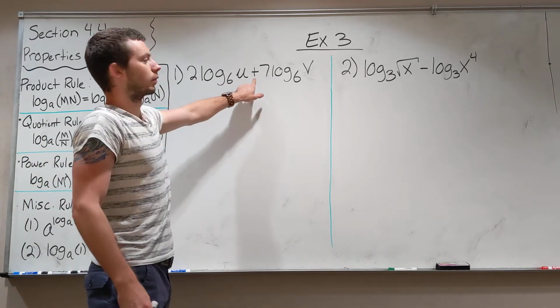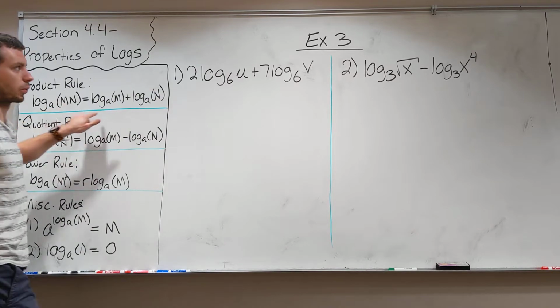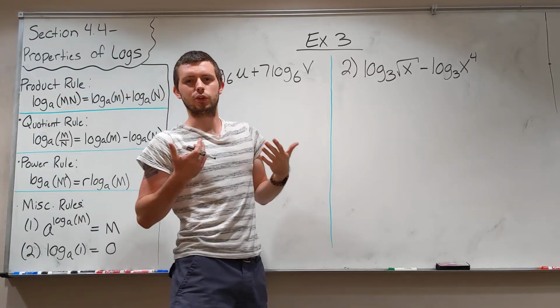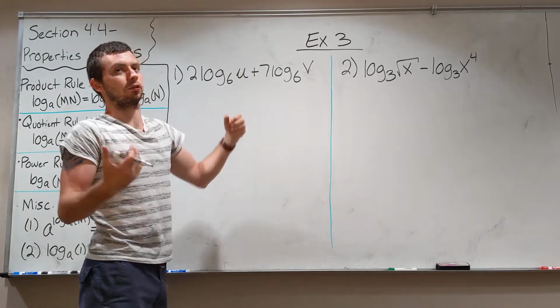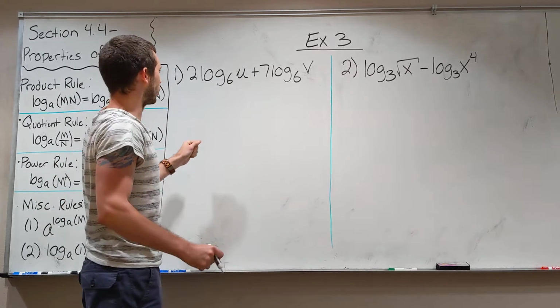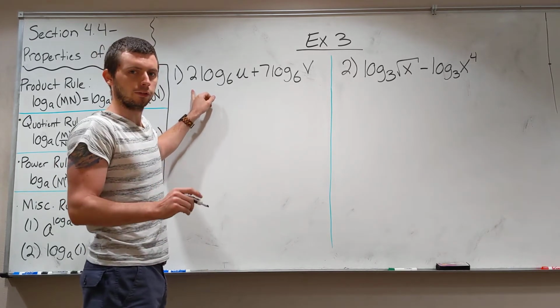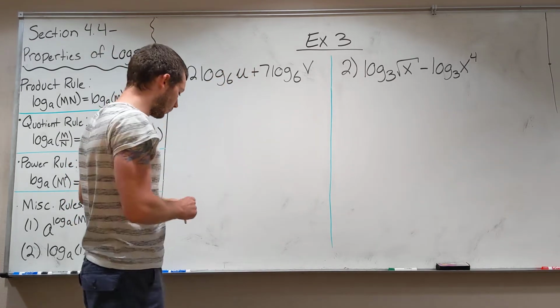You might notice a plus, which would imply that we would use the product rule. However, one issue with that in this current form is that these numbers in the front are getting in the way. So what we have to do first is move those numbers as powers.